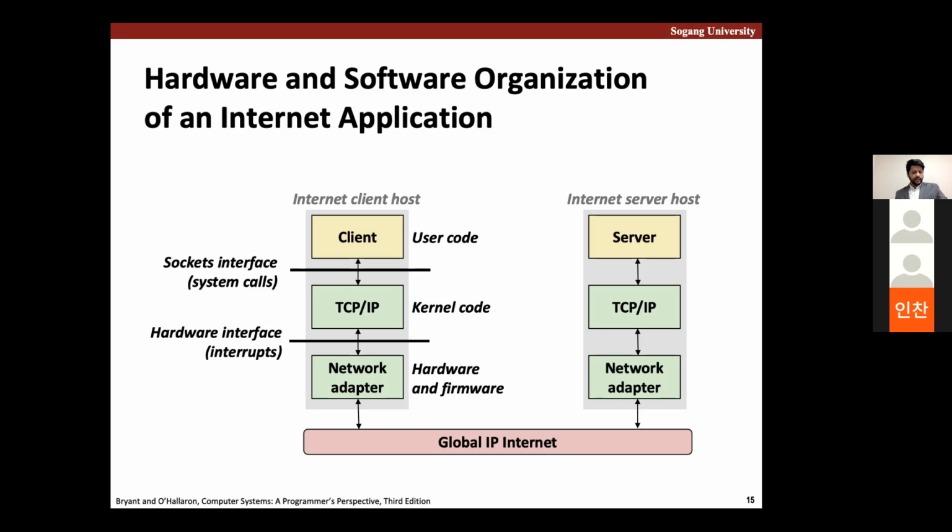We have TCP/IP, which does further processing on these system calls, adds packet headers, and transforms those frames into payloads. Then we have the hardware interface, which uses interrupts to invoke the network adapter, and the network adapter connects to the server host through the global IP internet, and the same way it goes up to the server. That's the hardware and software stack organization of an internet application.